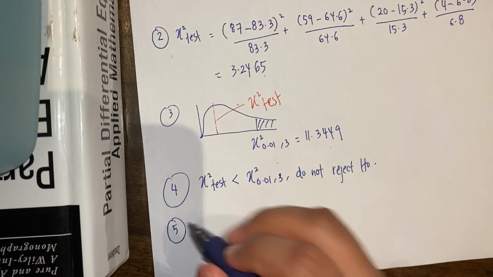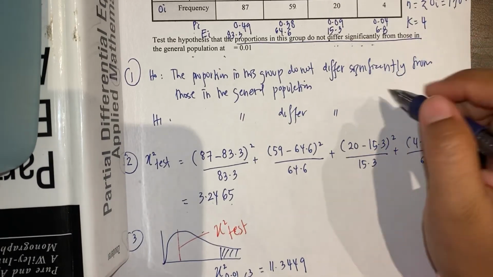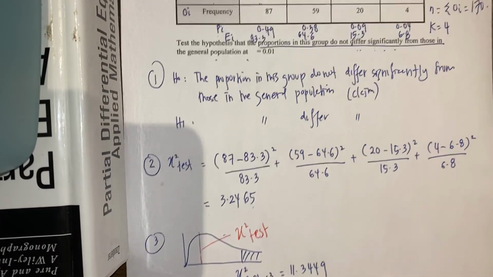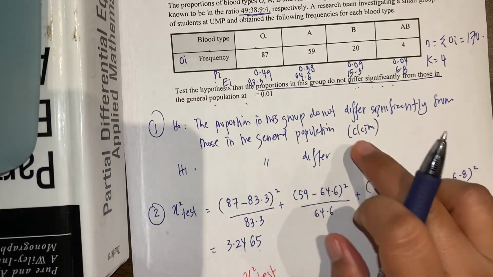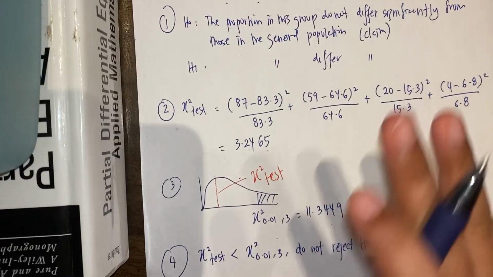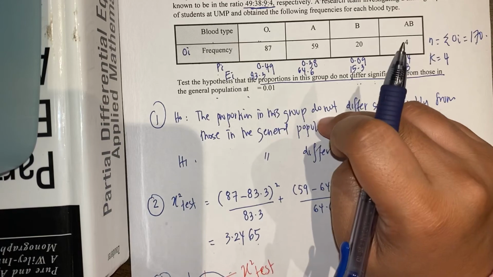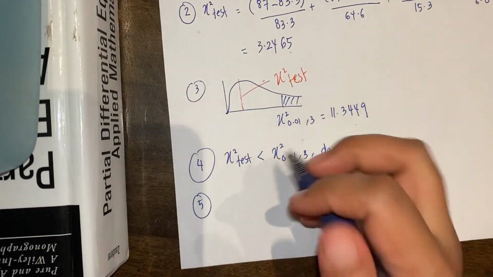Step 5, the conclusion. As I said, you can write whether you reject the claim or not, but you have to state which is the claim. Or you can write which statement you support. Do not reject H0 means that we support the H0. So we can write the statement of H0 in your conclusion.